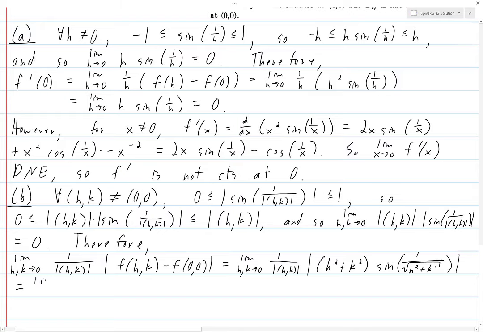Now h squared plus k squared is the same as the norm of (h,k) squared, and the square root of h squared plus k squared is just the norm of (h,k).